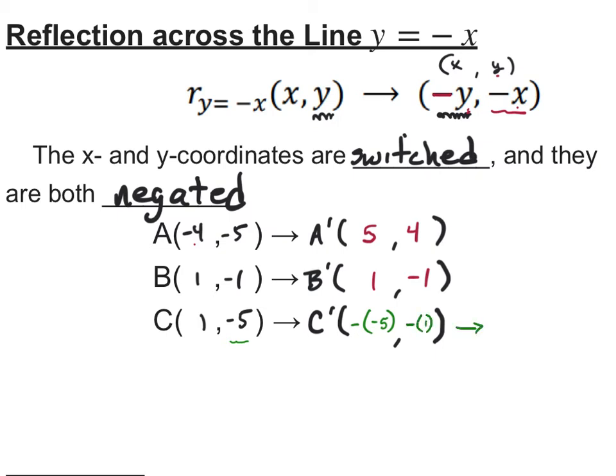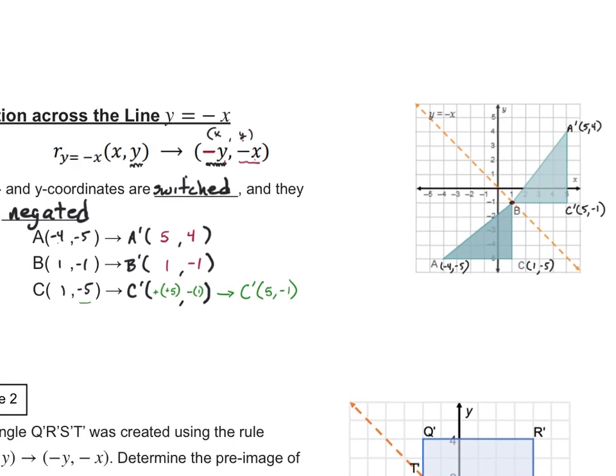Negative times a negative becomes a positive, so C would be 5 and then a negative 1. And if we come back over here and look, sure enough, C prime is 5, negative 1. So that's the math of doing the negated there.